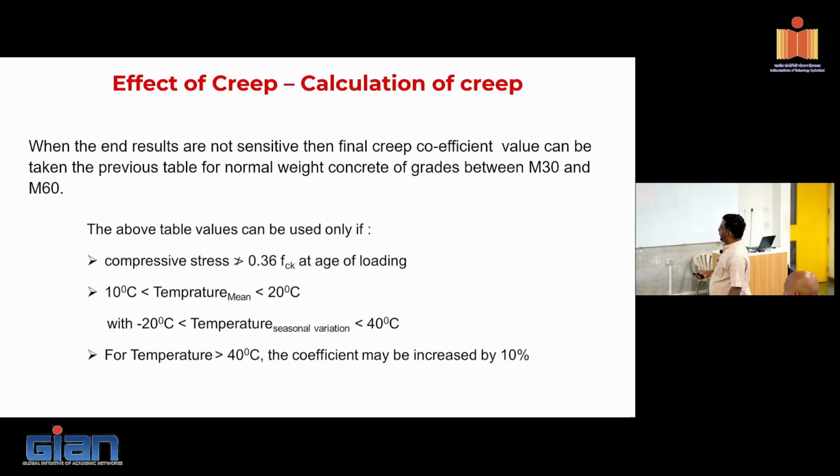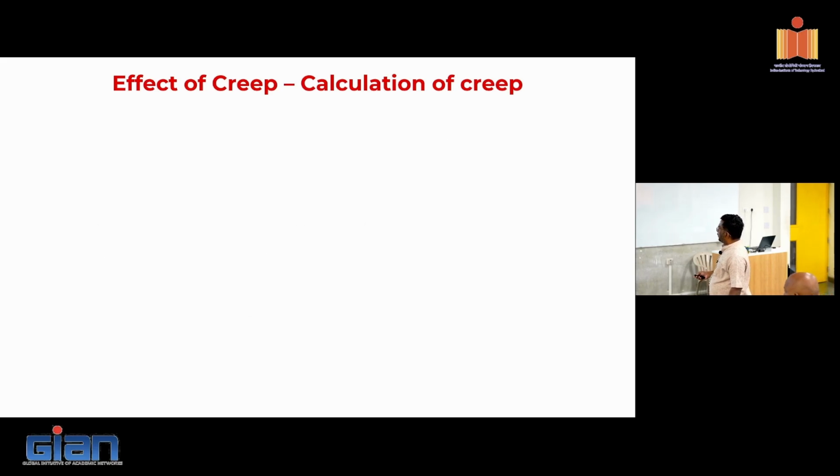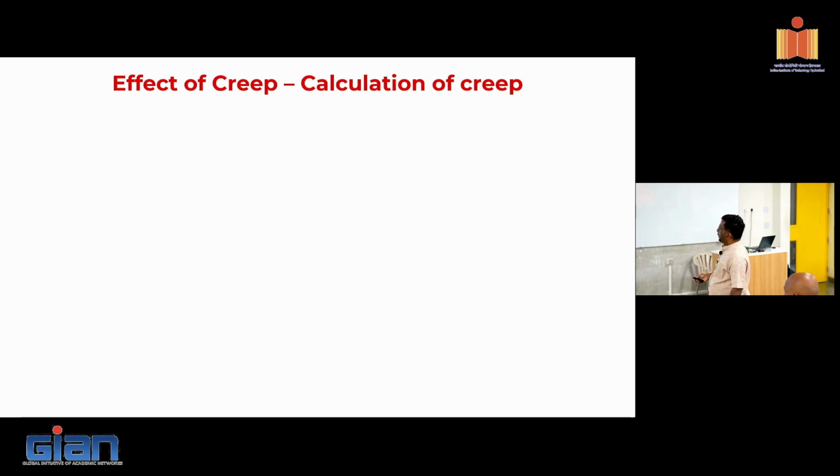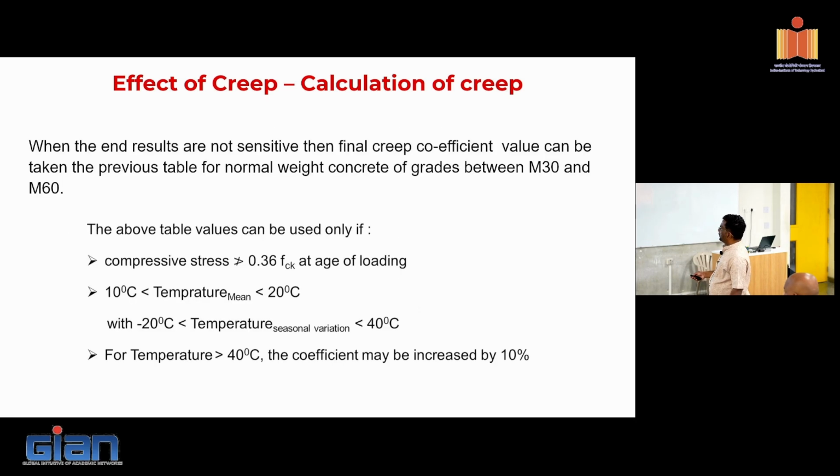The table that we talked about, these values can be used provided you satisfy these conditions. What are those conditions? The temperature has to be between 10 and 20, right? And your compressive stress cannot be more than 36% of your characteristic strength at the age of loading.